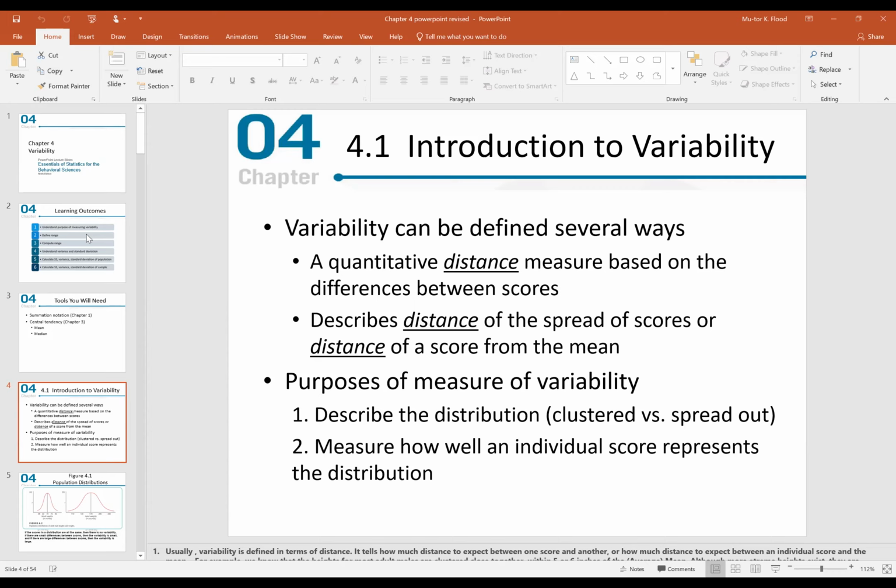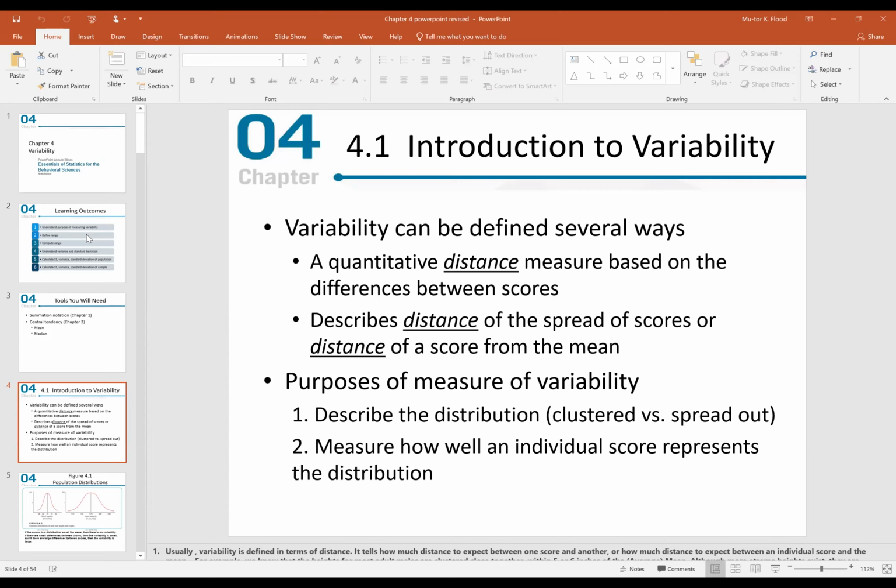And so the purpose on why we measure variability is it helps us to describe the distribution that we are working with. By knowing the mean and the standard deviation, we can figure out relatively easily if the scores are all clustered together, and I'm going to show you a picture of what that looks like, or if the scores are really spread out.